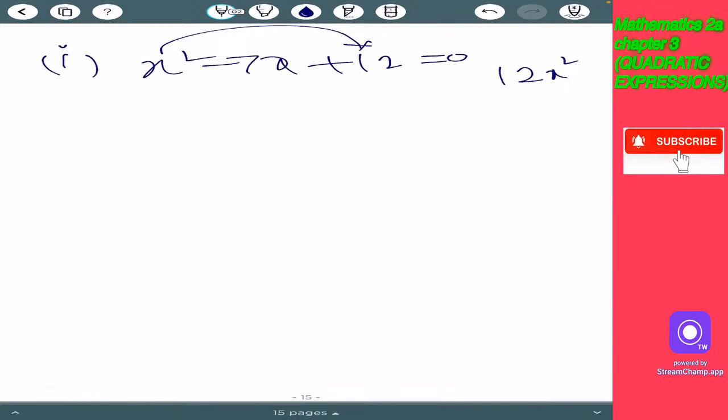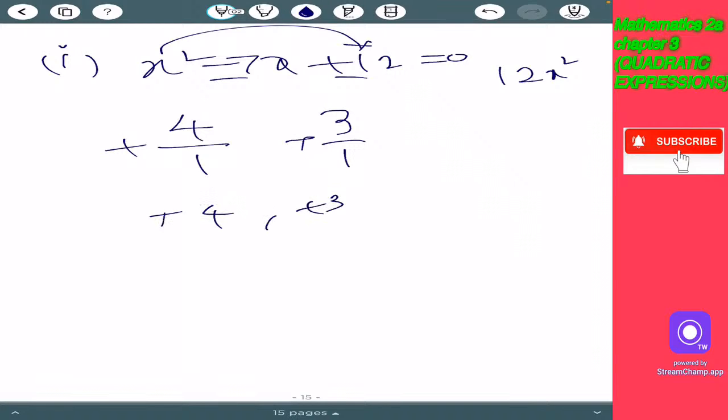You need to represent 12 in the form of 7, so you'll write 4 and 3, right? Write your 4 and 3 over there and divide it with the coefficient of x square. And what are the signs for this? If it is negative and positive over here, they are positive and positive. These are your roots, plus 4 comma plus 3. Understood?